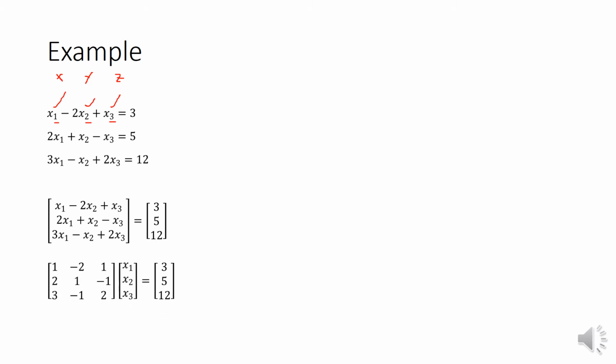You see, if we multiply, we get that matrix: 1 into x1, then minus 2 into x2, so plus minus 2x2, and similarly 1 into x3 comes x3. The same we do for this row, for this row. So we can also write it this way.